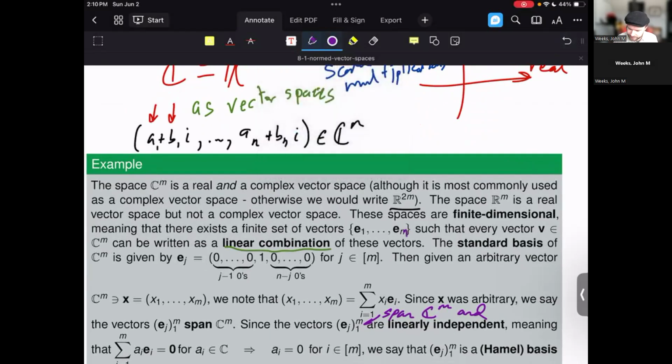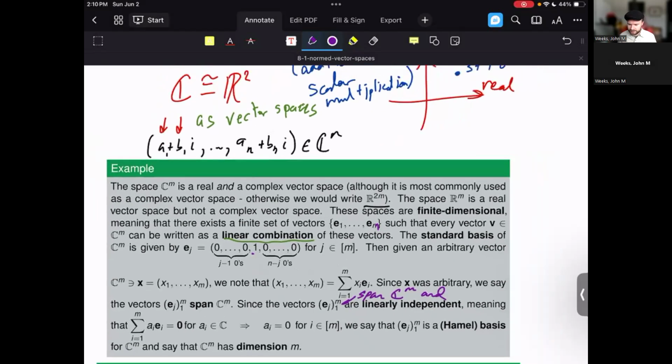The standard basis for C^m is just going to be all of those vectors that are of the form 1 in one spot and zeros in the other spots. So this is going to be a way to write any vector here in C^m in this particular form. Then if we're given a vector inside of C^m, we can write any vector x1 to xm as a linear combination of those standard basis vectors.